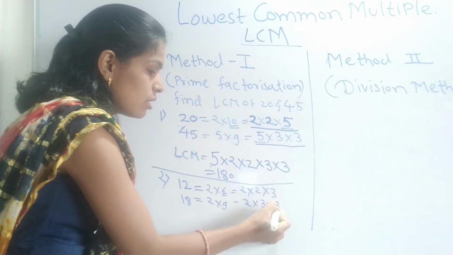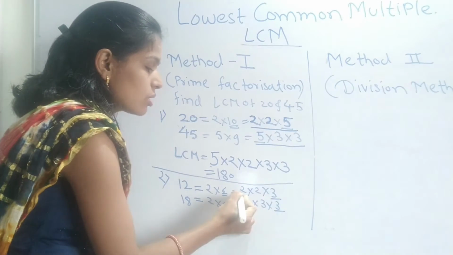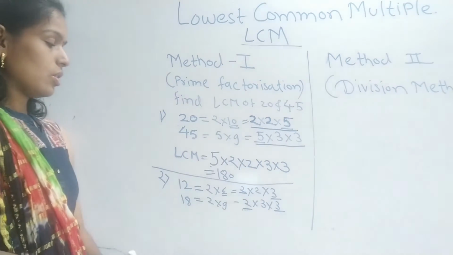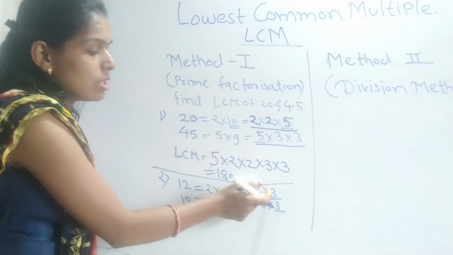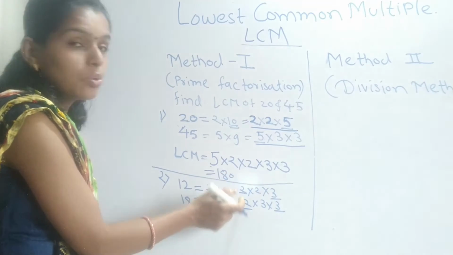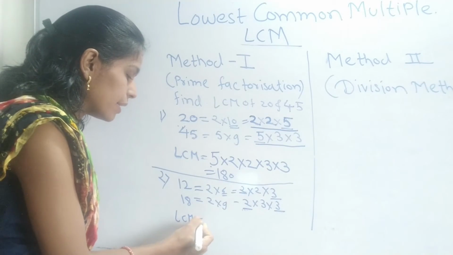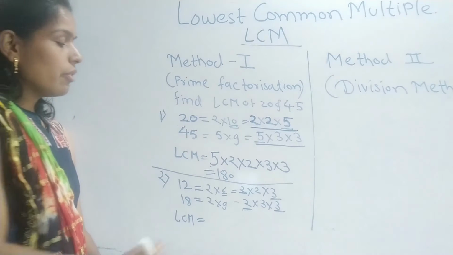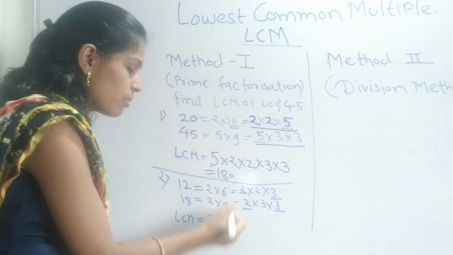Now see here, what are the common factors? 3 is common and 2 is also common in both. So to find the LCM of 12 and 18, firstly I have to write the common factors: 2 is common and 3 is common.